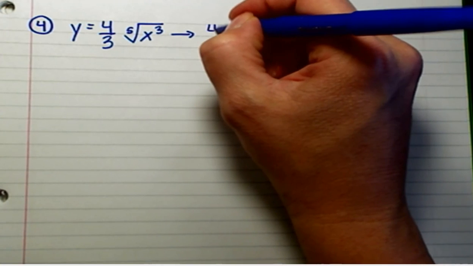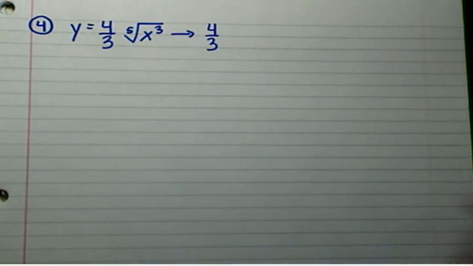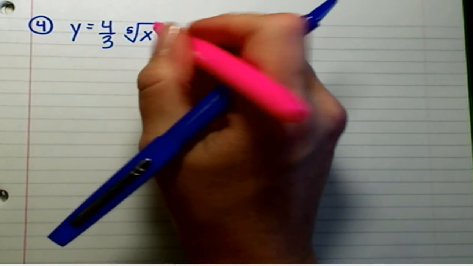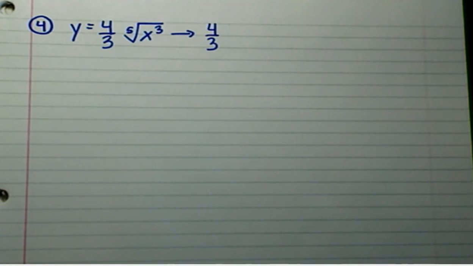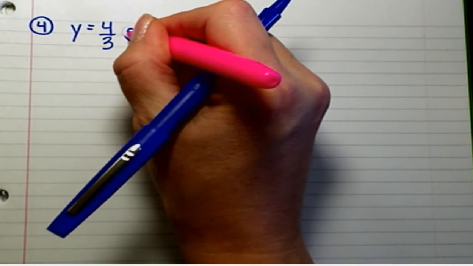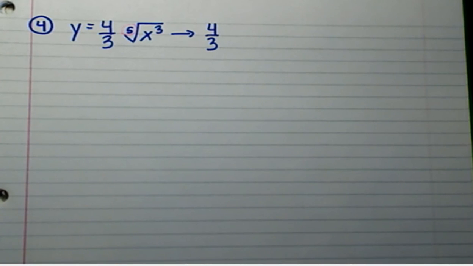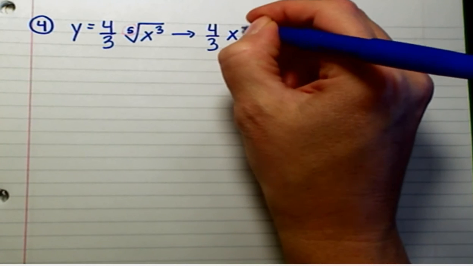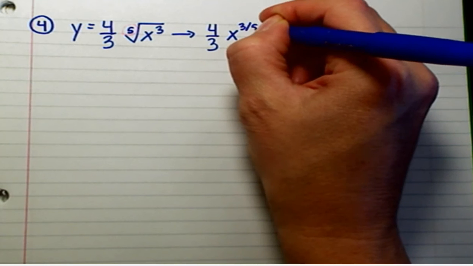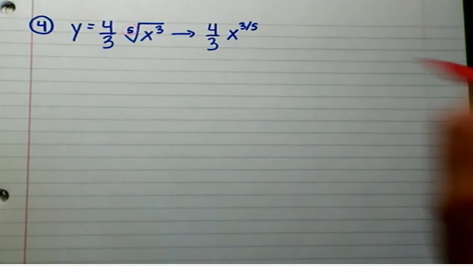So the coefficient goes nowhere, okay? X cubed is in the numerator already, so it's just the root that I have to change. X to the 3/5. Okay?